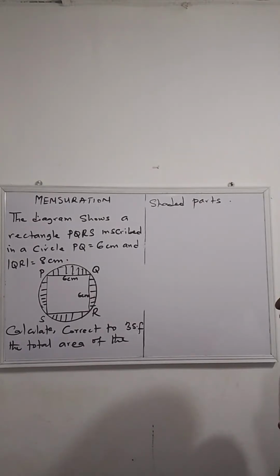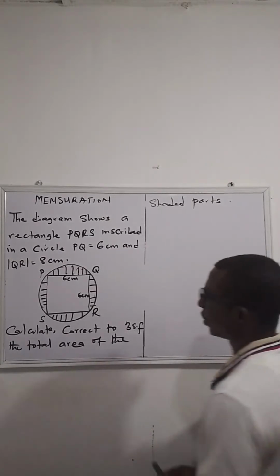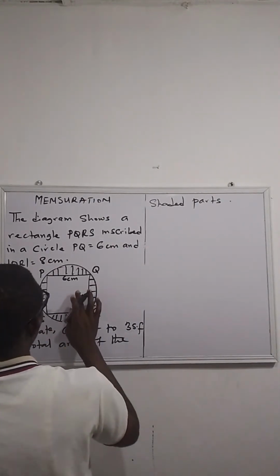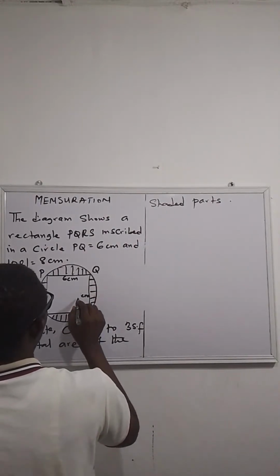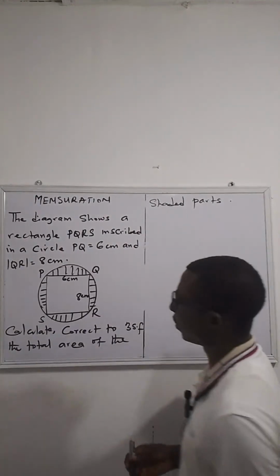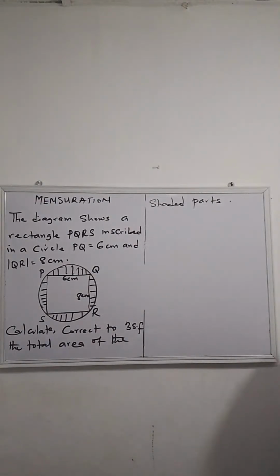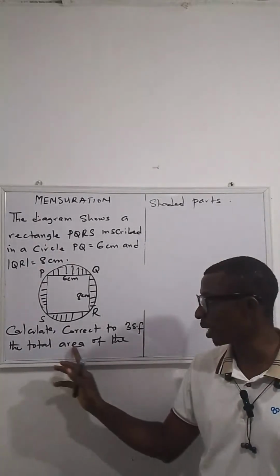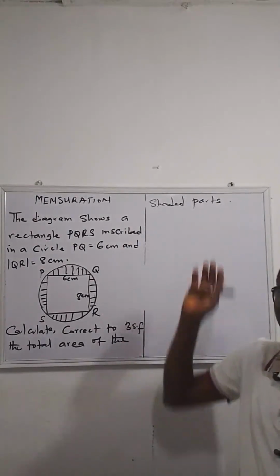Length PQ is 6 centimeters and QR is 8 centimeters. All right, so you have to calculate, correct to three significant figures, the total area of the shaded part.